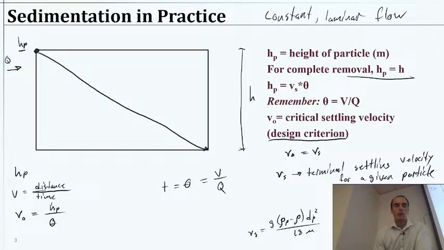How long does the water stay in that reactor is the time that we have to let it settle. So by design, the design velocity here, the critical settling velocity that we can remove, is equal to the height that the particle has to travel divided by the time that it has to travel.